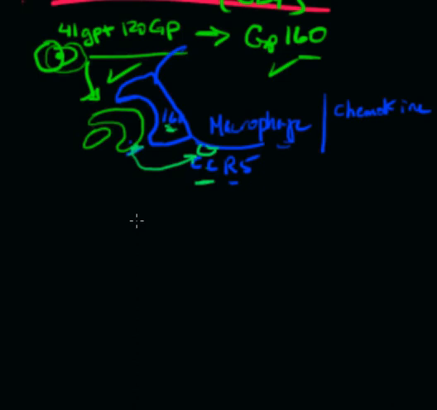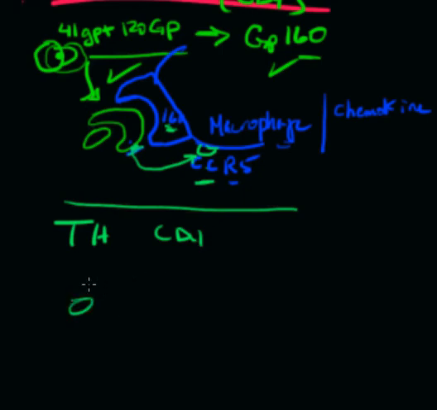Another major cell that we always talk about is the T helper cell, which always has CD4. It's going to do the same thing: use the same system, 41, 120, and attach to our 160.